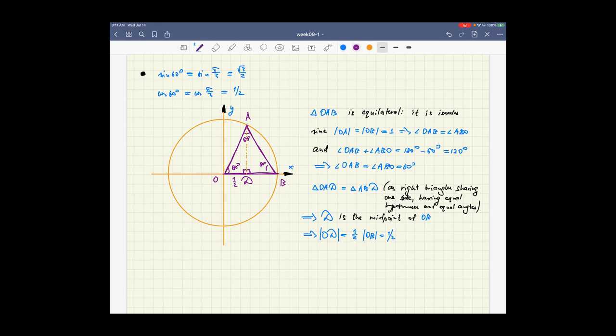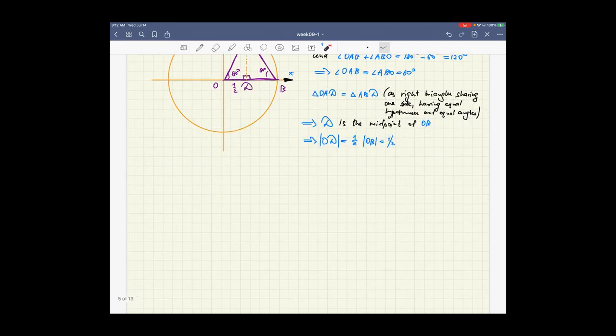And now it's a simple matter to find this side. So the x-coordinate of point A is 1/2, cosine of 60 degrees, or pi over 3, is 1/2. And then all we need to do is to find the y-coordinate of that point. For that, we can again use the Pythagorean theorem.